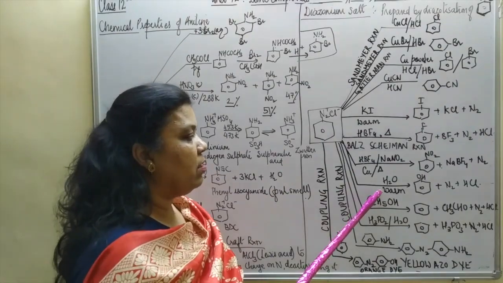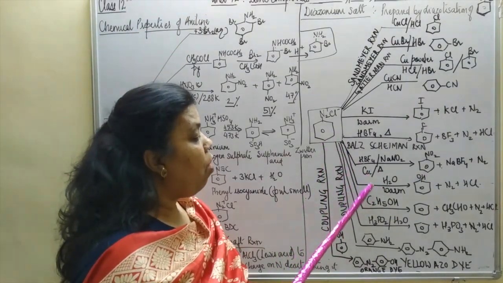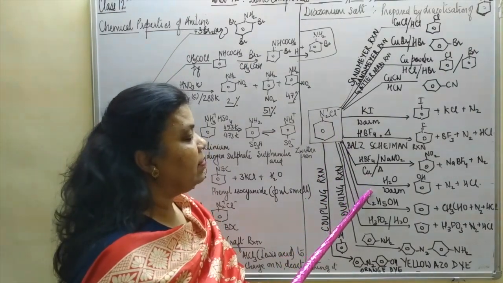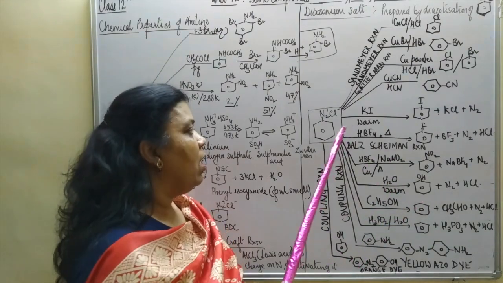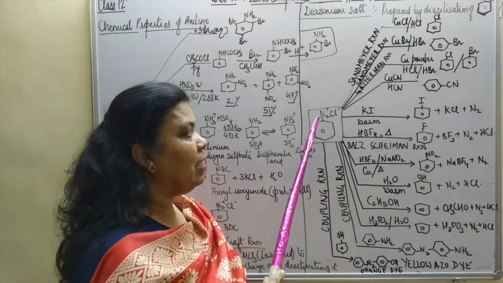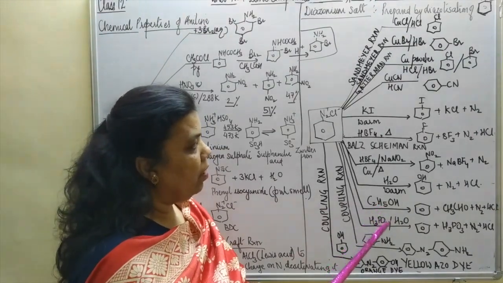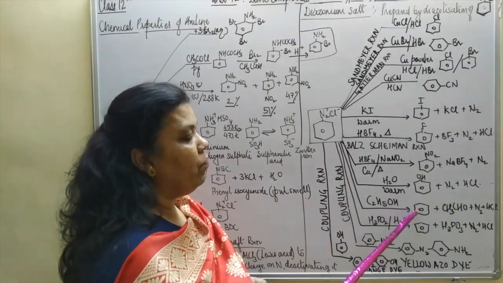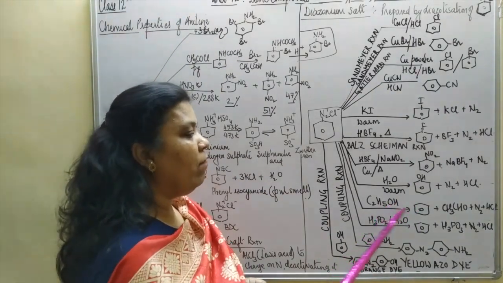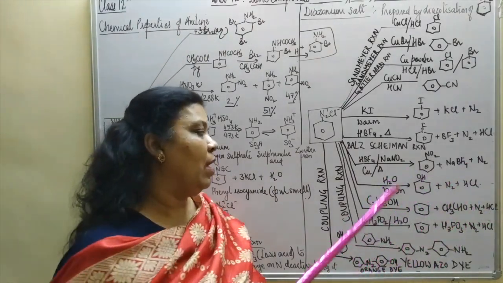The next reaction has been studied in the chapter alcohols, phenols. That when you treat BDC with warm water, you get phenol as the final product. Now, how can you convert BDC to benzene? Look at these two reagents and try to learn that BDC when treated with ethanol will convert to benzene. Ethanol will get oxidized to ethanal along with the byproduct N2 and HCl.